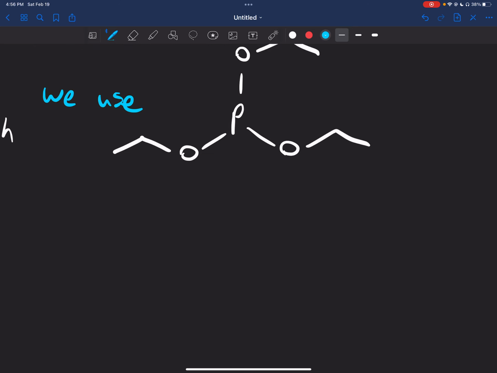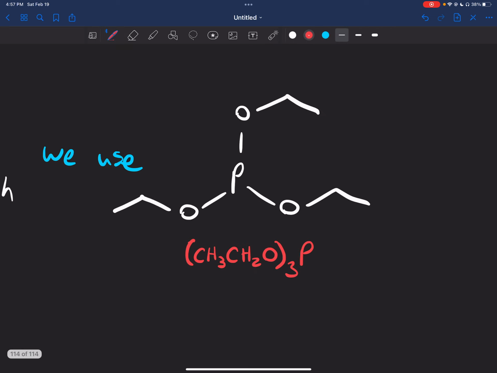You may see it written like this in the future. That's just an ethyl group with an oxygen, and there are 3 of them attached to the phosphorus.